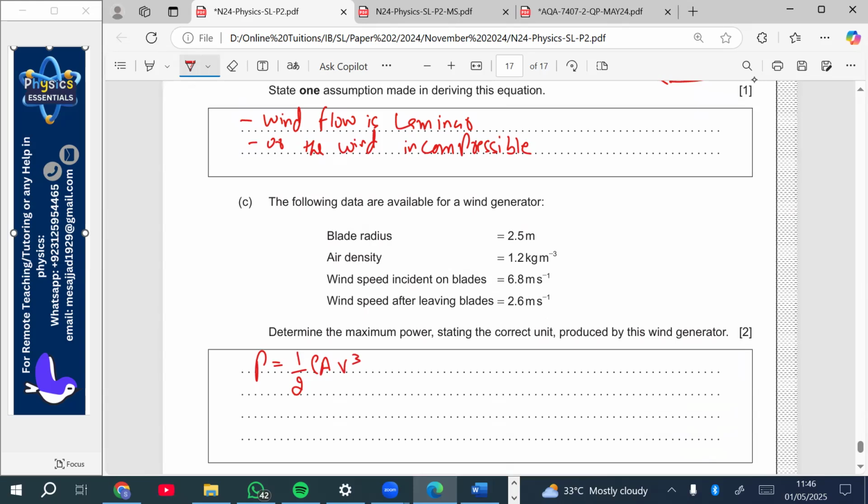And V cube is actually the speed, incoming and outgoing. You just need to take the difference between the two. And that's it. P equals 1 by 2, rho is 1.2, A is pi r squared, and the speed is the difference between the incident and the leaving speed.